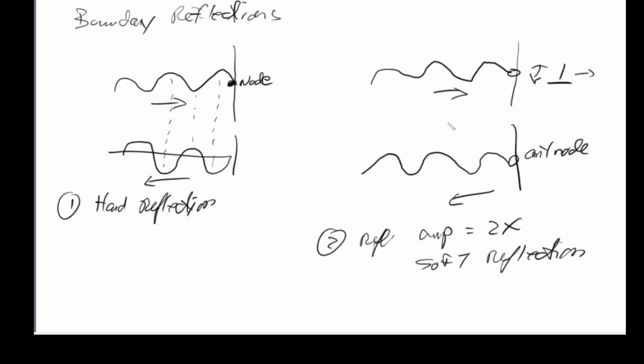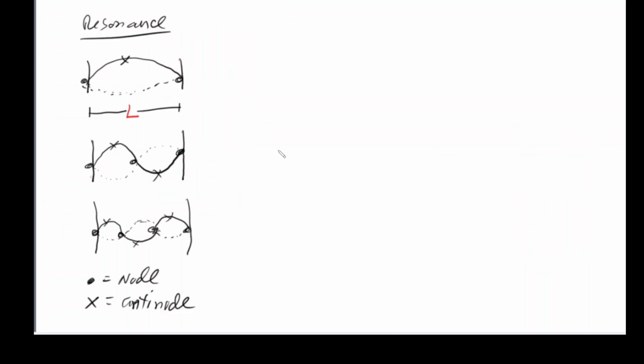And again, as this wave comes in and reflects, the reflected peak matches the incoming peak, and gives you twice the amplitude. In a hard reflection, the reflected peak is the opposite of the incoming peak and gives you destructive interference.